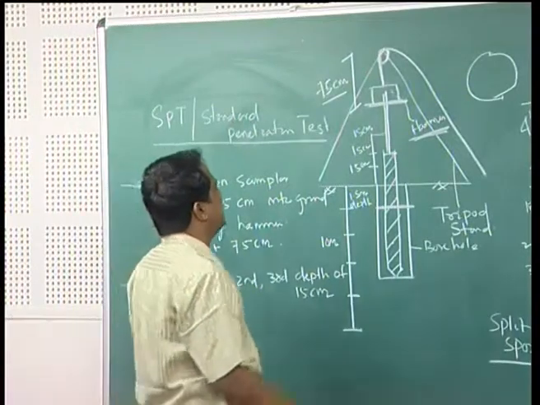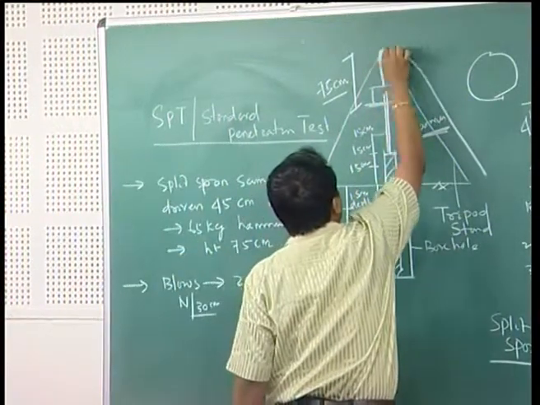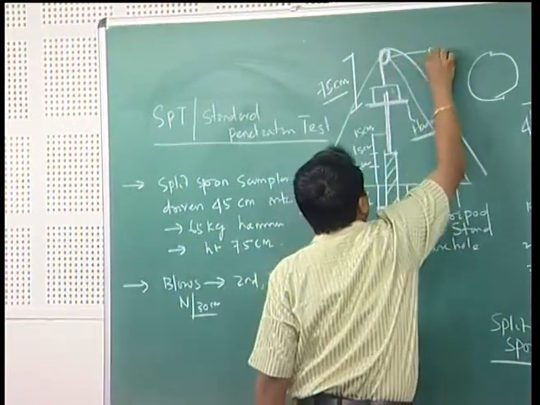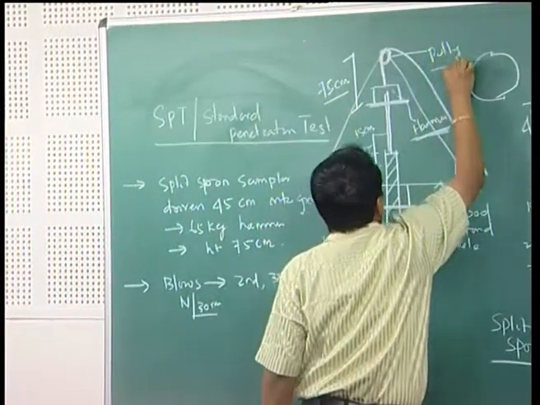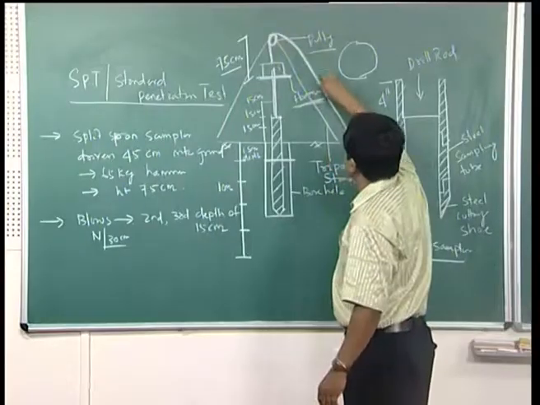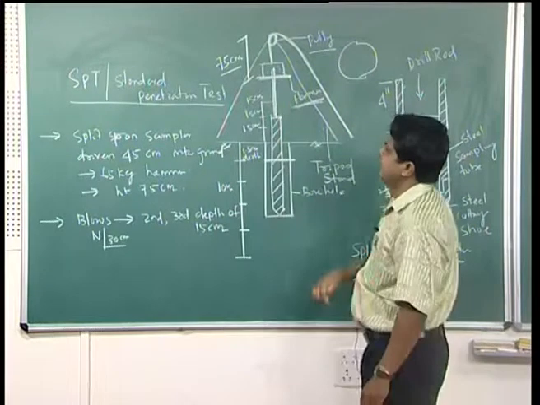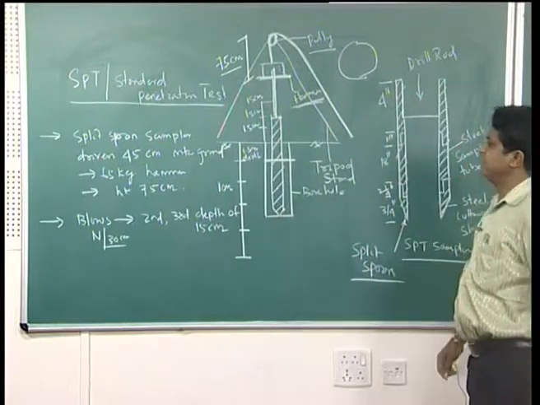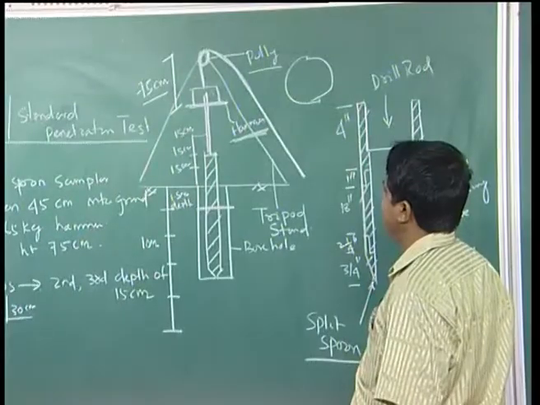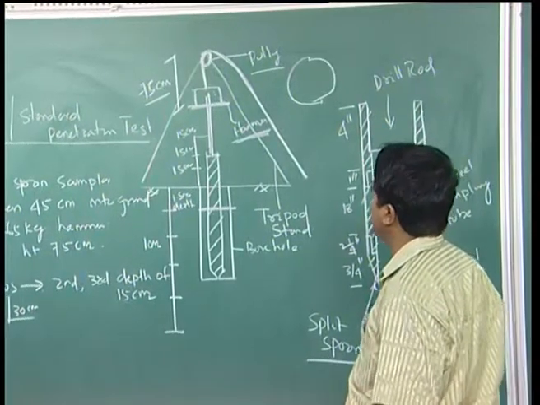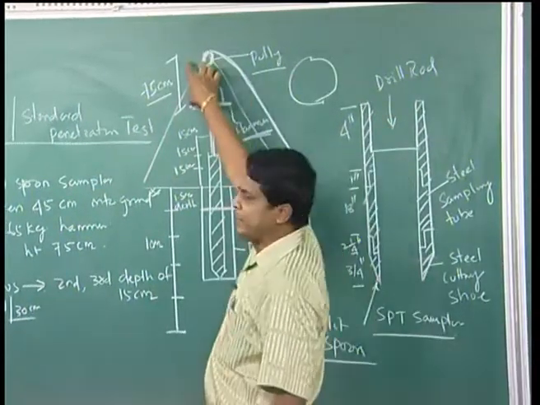Then by means of a roller and pulley system, you pull the 65 kg hammer up to a height of 75 centimeter.